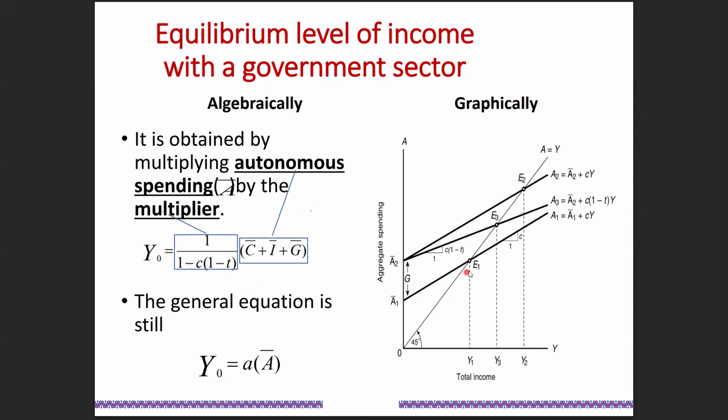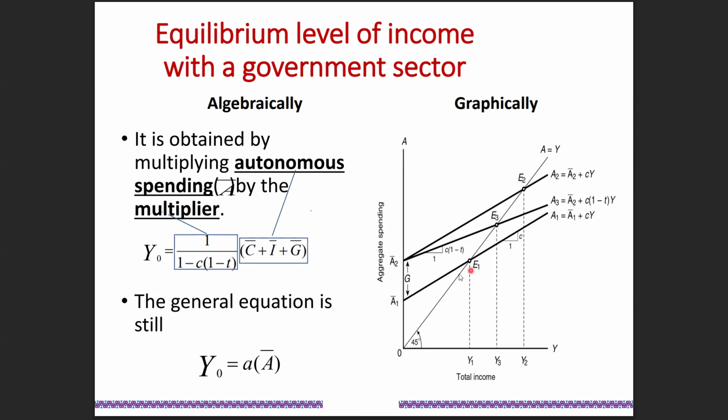So this was the aggregate expenditure, where we had, okay, what is happening here? All the autonomous components are grouped together, and then we just have CY. So this was our initial aggregate expenditure curve, which is A1.